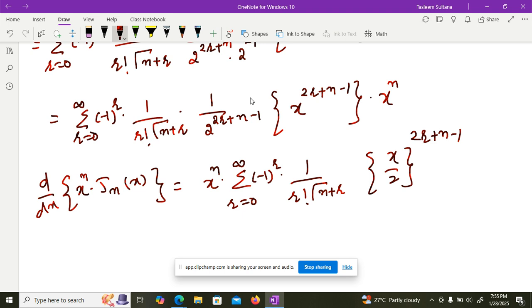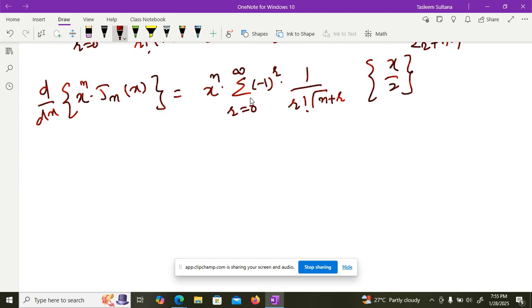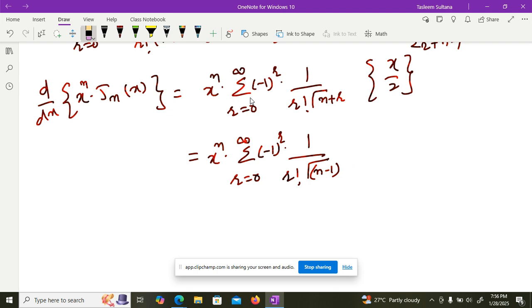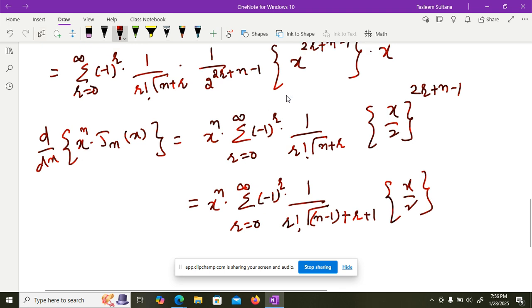So what we are going to do, we will add 1 and we will subtract 1 over there, so that it falls into the definition form, which equals x to the power of n summation r equals 0 to infinity, minus 1 to the power of r into 1 divided by r factorial gamma of n minus 1 plus r plus 1 of x by 2 to the power of 2r plus n minus 1.